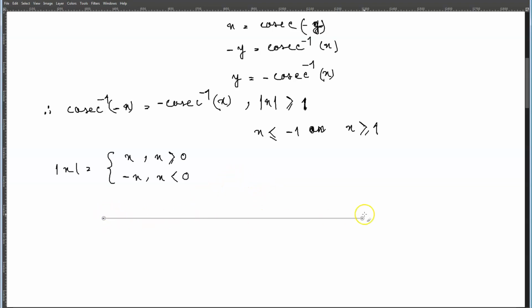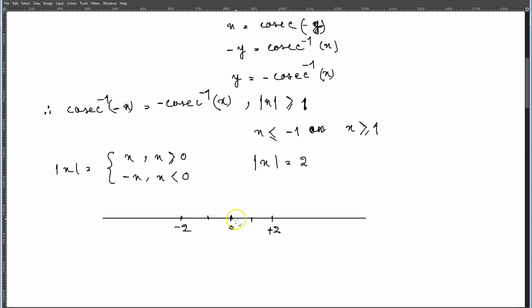Which means that when I say, for example, the absolute value of negative 2 is equal to 2, or when I say the absolute value of x is equal to 2, what that means is that either x is equal to 2 or x is equal to negative 2, meaning that you have 0 over here, 1 and 2, and negative 1 and negative 2.